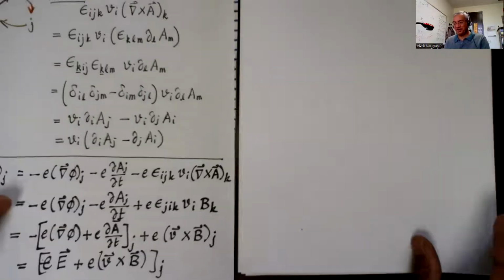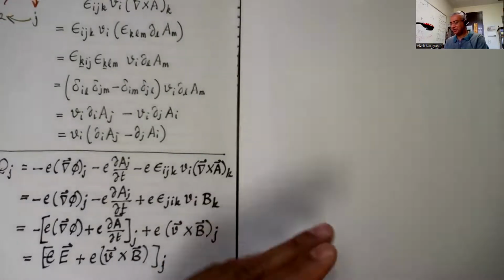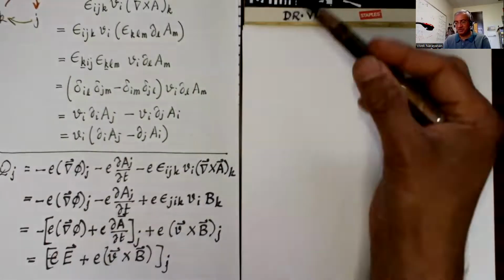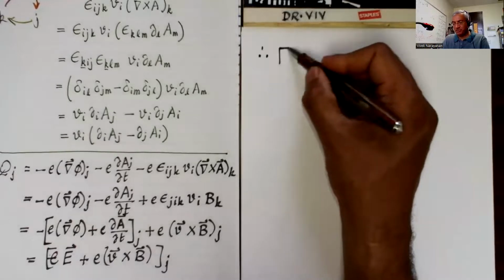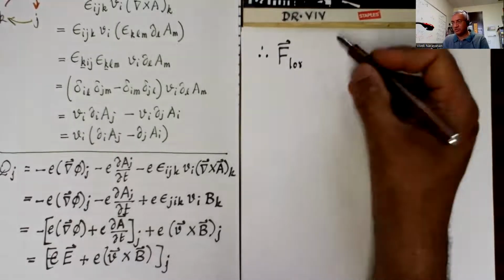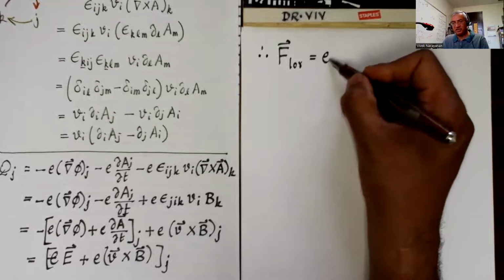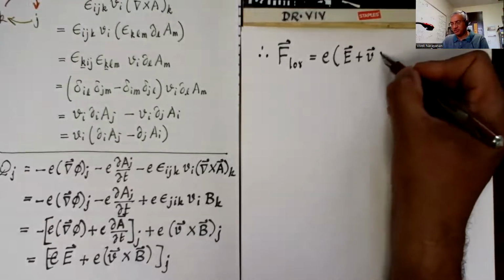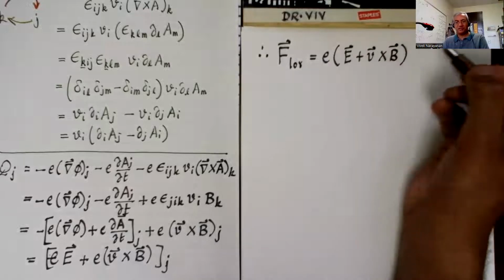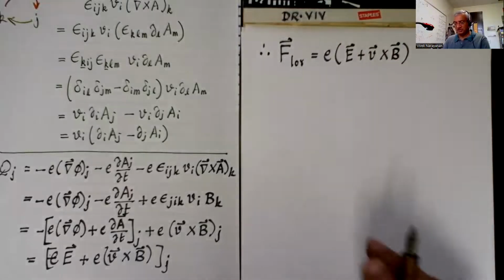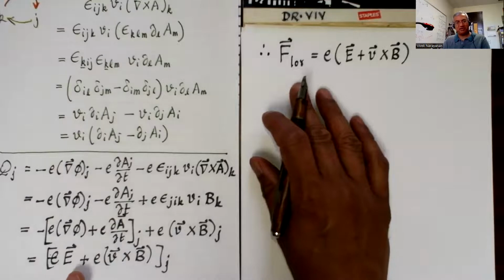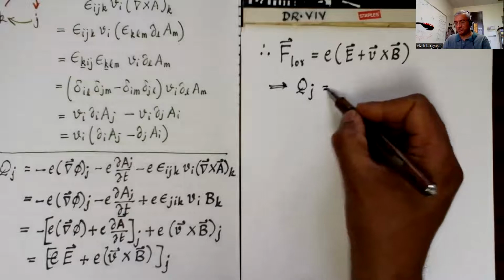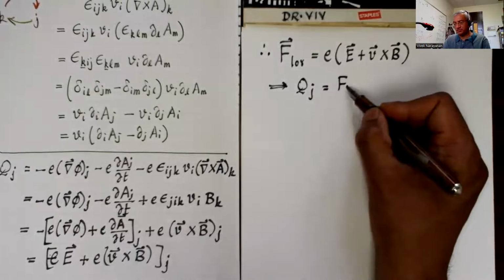So we have identified, so we'll write here: therefore, F Lorentz is precisely E times the electric field plus V cross B. This is something that you've learned from University Physics 2 onwards. So that should be compared with this. So we conclude that Qj is just the jth component of the Lorentz force.